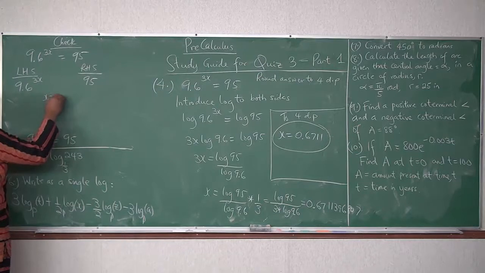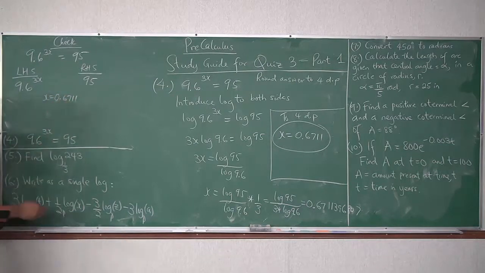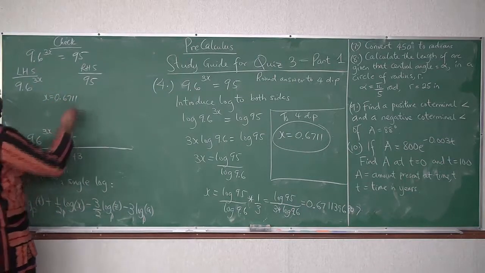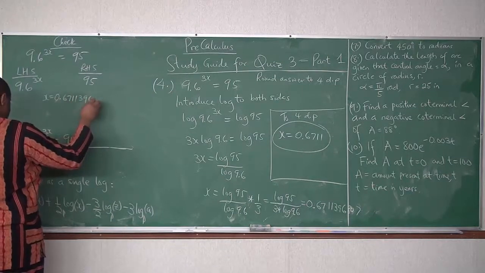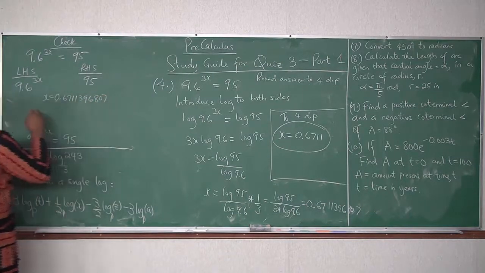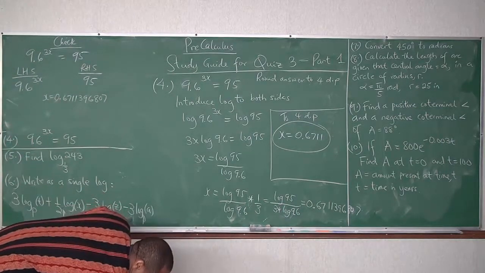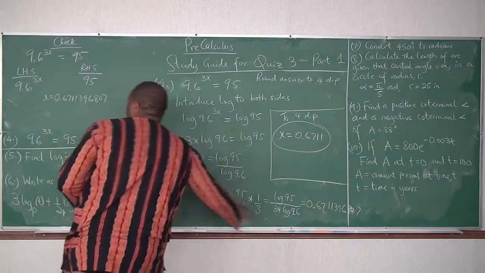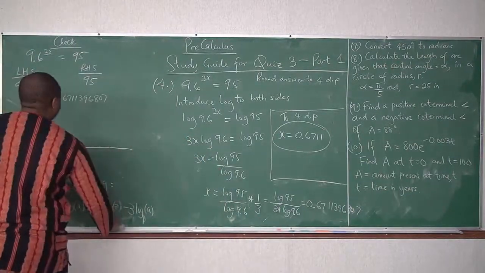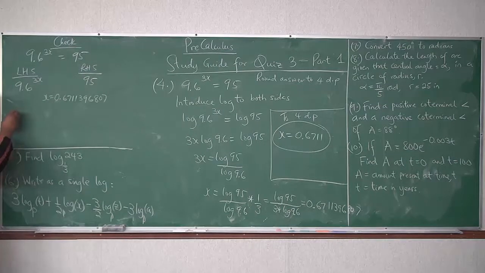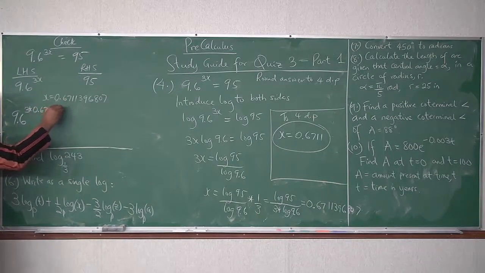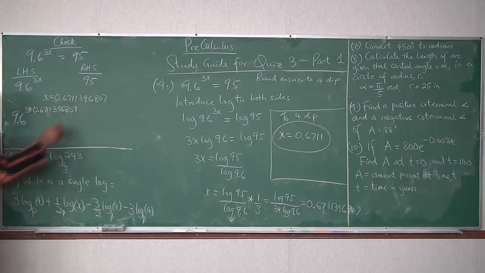X is 0.6711396807. So I'm going to do 9.6 raised to power 3 times 0.6711396807.